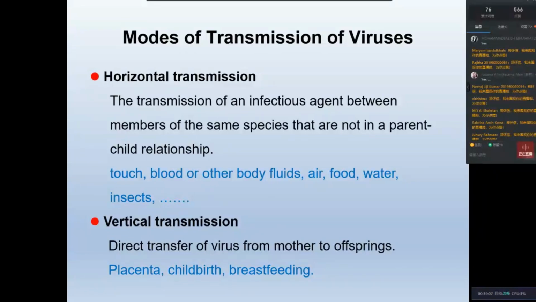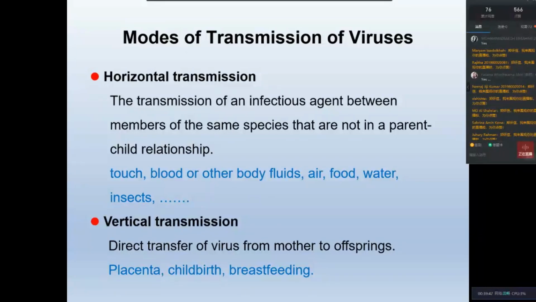For example, the Zika virus, which happened several years ago in South America, can cross the placenta and infect the fetus. Or during childbirth, the newborn might be infected. Or through breastfeeding, some viruses can get into the breast milk. So when a mom breastfeeds, the virus can infect the child. So this is vertical transmission.